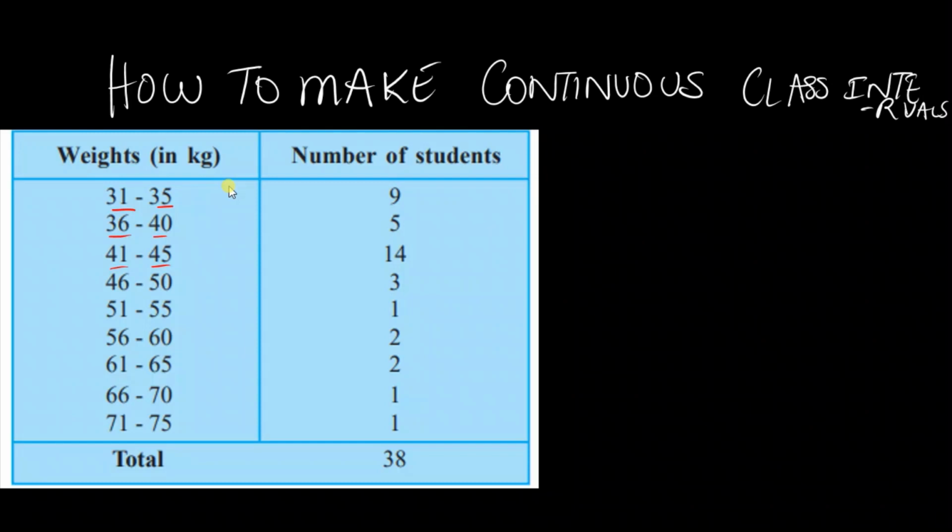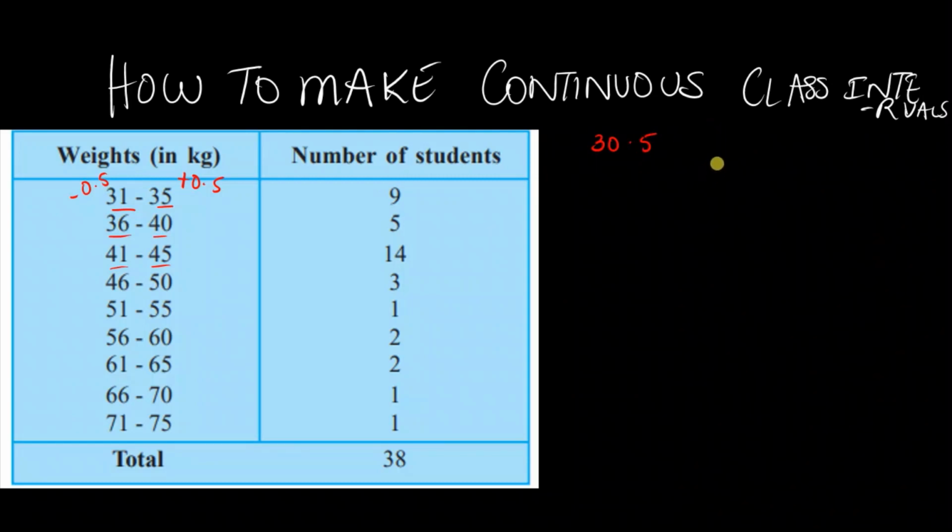For this, we need to subtract 0.5 from the lower limit and add 0.5 to the upper limit of each class interval. So here, 31 minus 0.5 will be 30.5, correct?